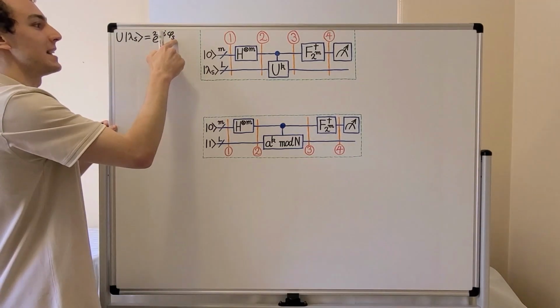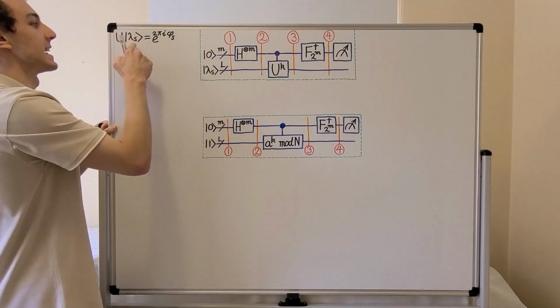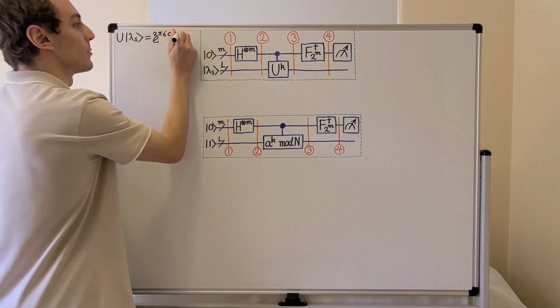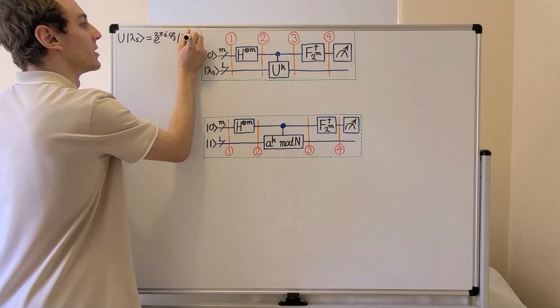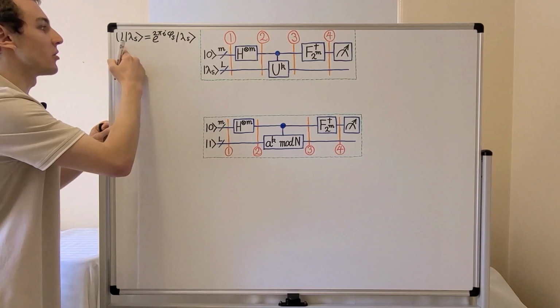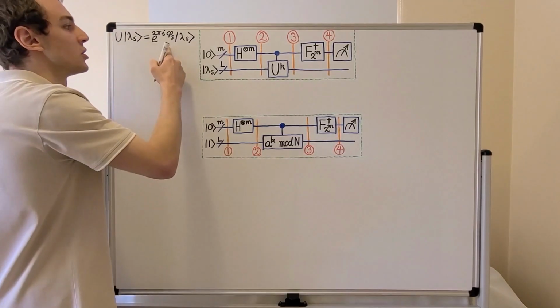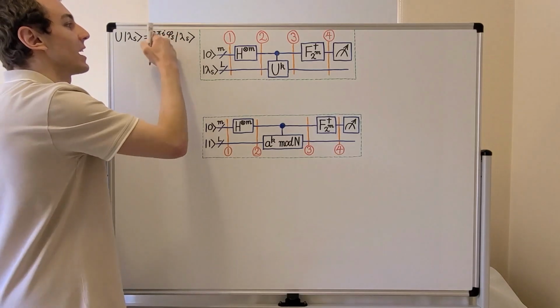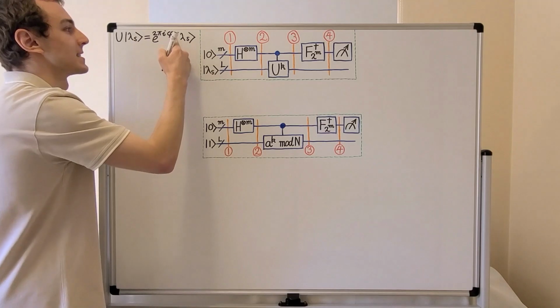That's the same index s that we're using to specify which eigenstate we're dealing with. And then we can write the eigenstate ket lambda sub s over here. So the action of this unitary operator on the eigenstate is equivalent to multiplication by this eigenvalue. And the eigenvalue is specified by phi sub s.